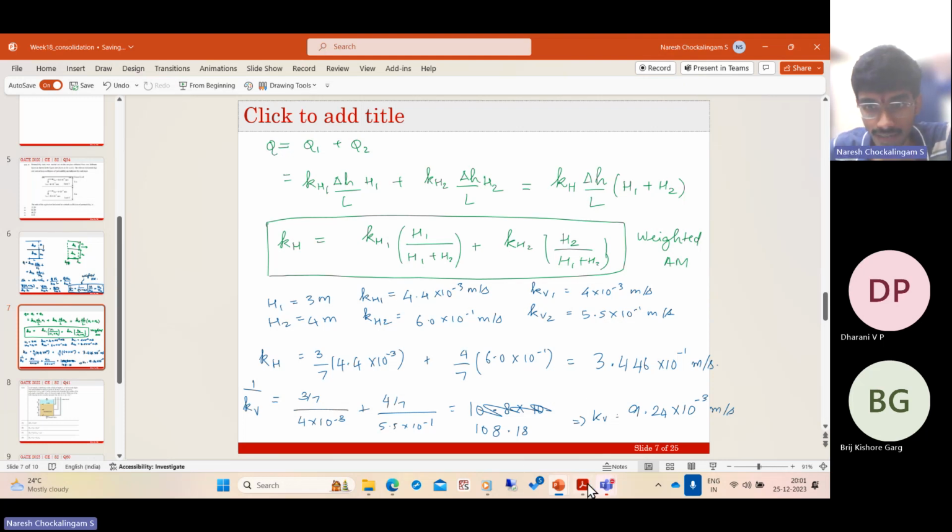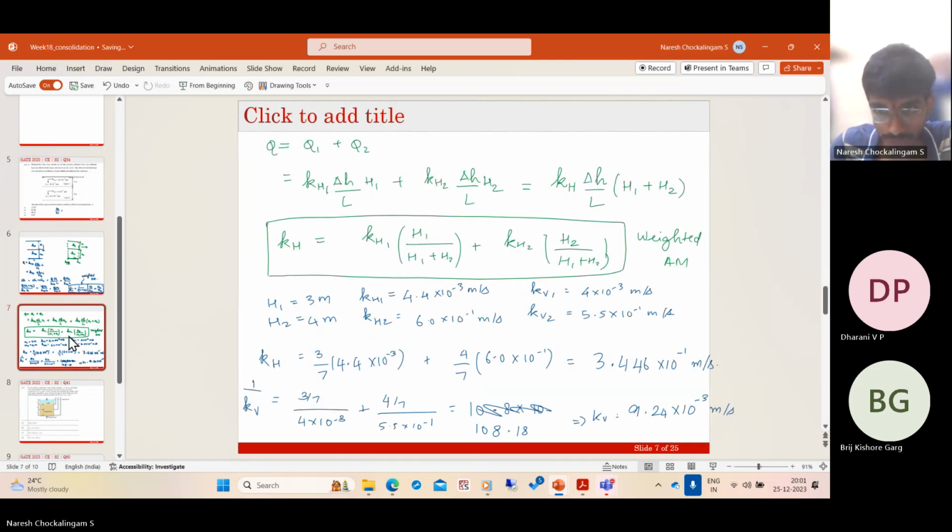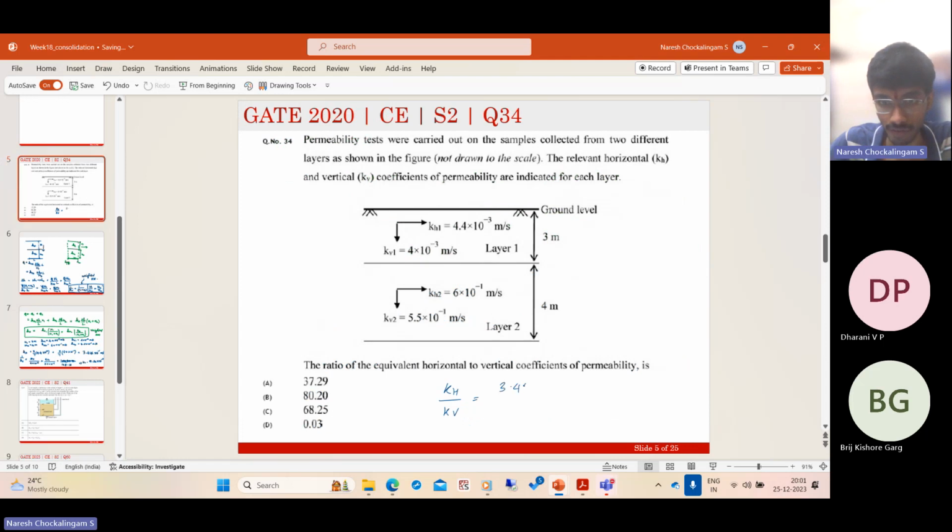Now, what is asked in the question? The question is the ratio of equivalent horizontal to vertical coefficient. So we want KH by KV, which is 3.446 into 10 power minus 1 divided by 9.24 into 10 power minus 3.